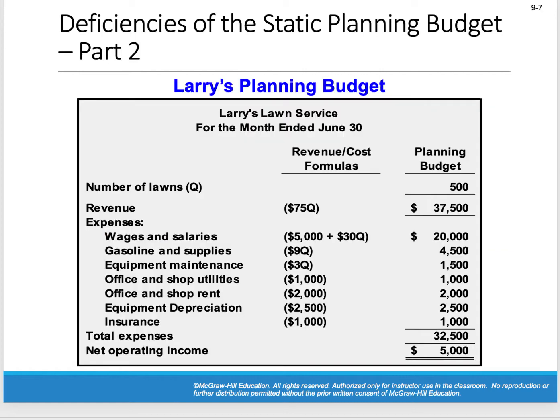Now, here's the planning budget. Notice what we have in the middle here, the cost formula or the revenue formula. That's very, very important. Because what Larry already did was he did a little CVP analysis in a sense, right?